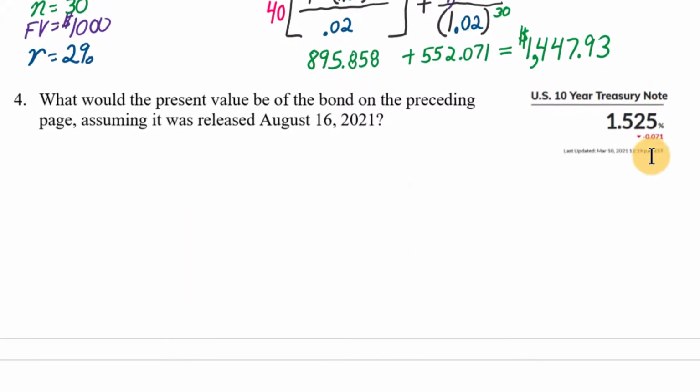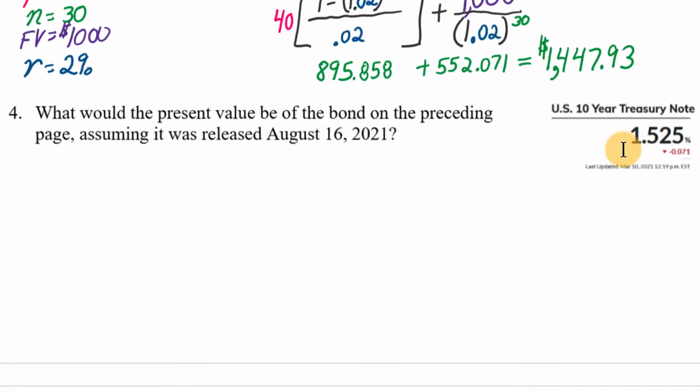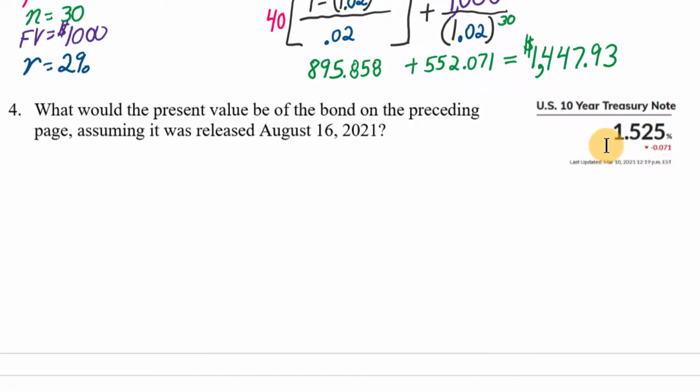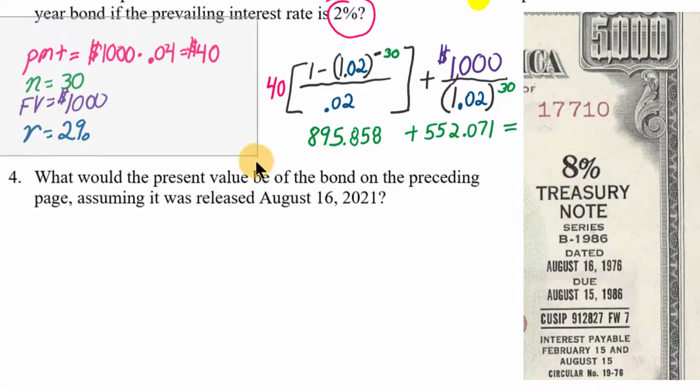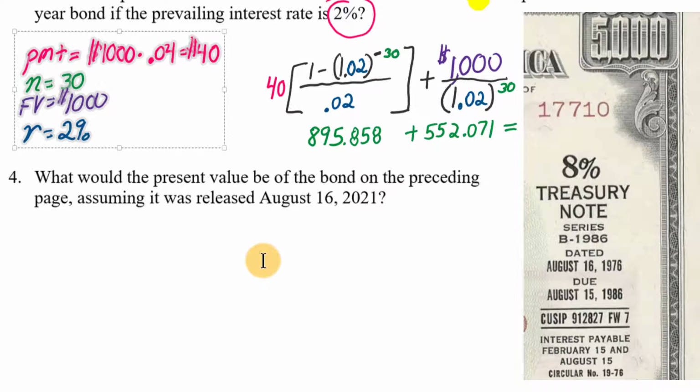Let's go back and look at that bond that we looked at a few minutes ago. What would the present value of that example bond from the 1970s be worth? Suppose that for some reason the United States government issued an identical bond to that today with 10-year maturity, paying 8% interest per year, but paying it twice per year. Let's write down these numbers that we need to plug into our formula.